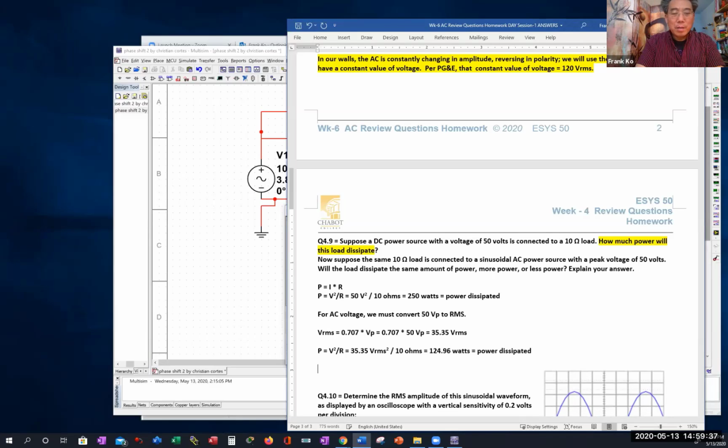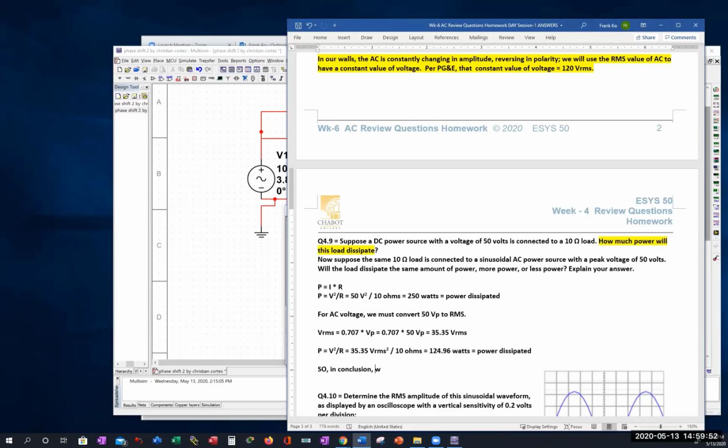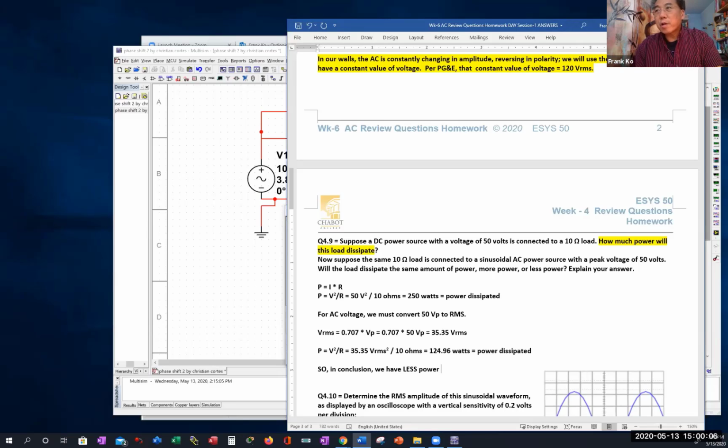So, in conclusion, do we have more, same, or less? More power, less power, the same power? In conclusion, it'd be less power. It's a smaller number. Initially, we had 250 watts dissipated, and now we have 124 dissipated, so we have less power dissipated.